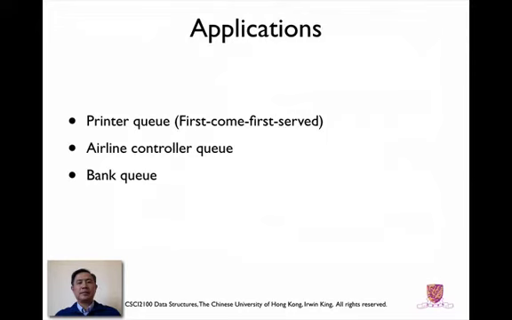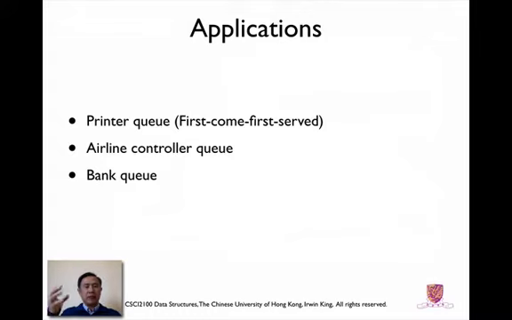Now, there are many applications that use a queue. For example, when you print to a printer, many people may print at the same time, so the printer actually has a queue and performs what we call first come, first served. Your printing job will be determined by the order in which it is received.